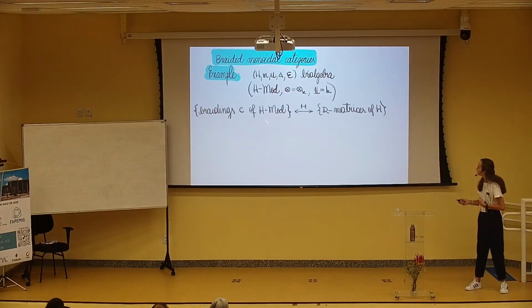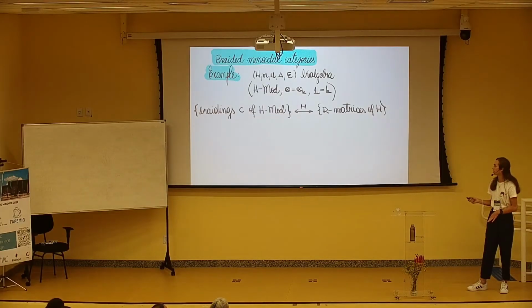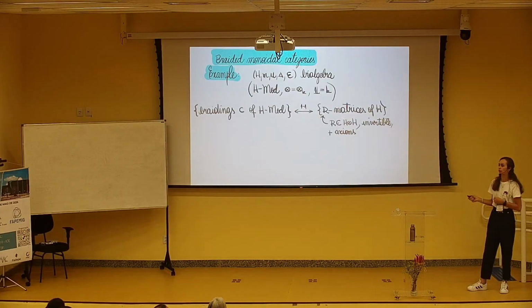You can prove a very well-known result, which is in books like Kassel's Quantum Groups, that braidings on this category are in bijection with R-matrices of H. So I have to understand what an R-matrix of H is, but this is just an element that lives in H tensor H, that is invertible, and some axioms have to hold.